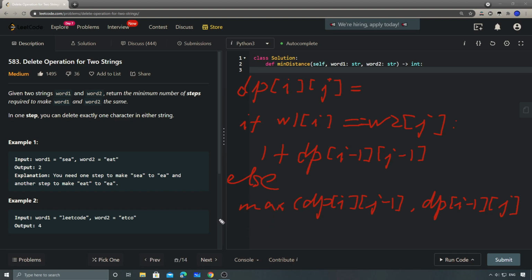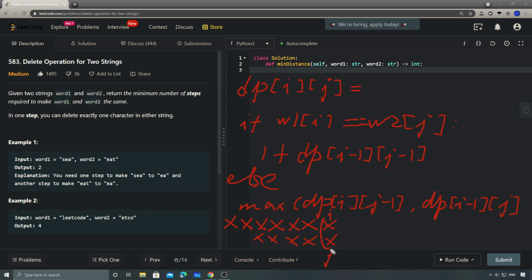So what does this mean? Let's say we have two strings here, it doesn't really matter the length, and this is i, this is j. Basically, we're at this state, comparing this i and j.